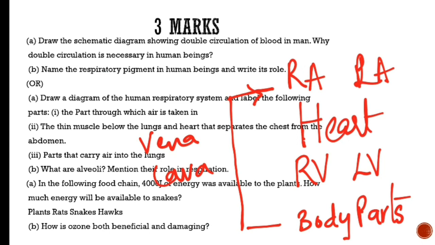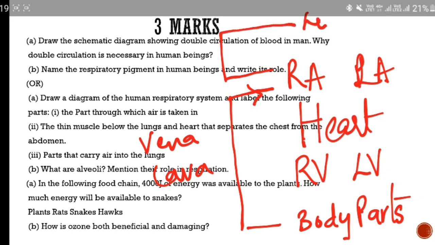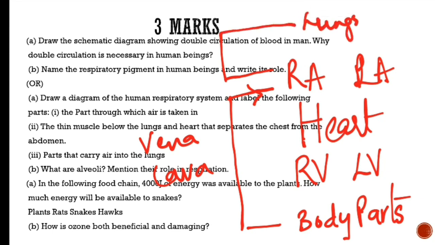Alright. From the right atrium, the blood goes to the lungs for oxygenation with the help of the pulmonary artery. So blood which is deoxygenated blood goes from the right atrium to the lungs for oxygenation with the help of pulmonary artery.